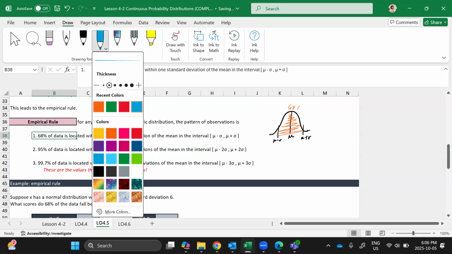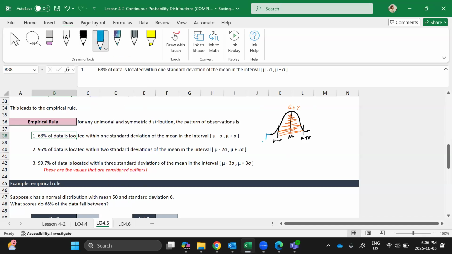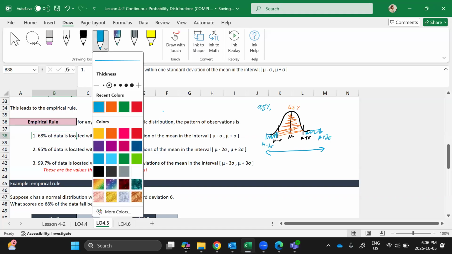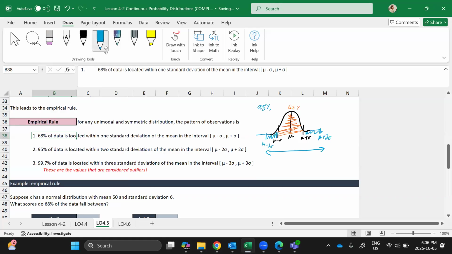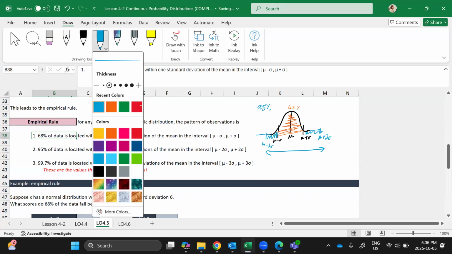If you go instead to 2 standard deviations out, minus 2 standard deviations, and plus 2 standard deviations, so here and here, 95% of your data will be between these values. If you decide to go far out to 3 standard deviations, just going to switch this to red.